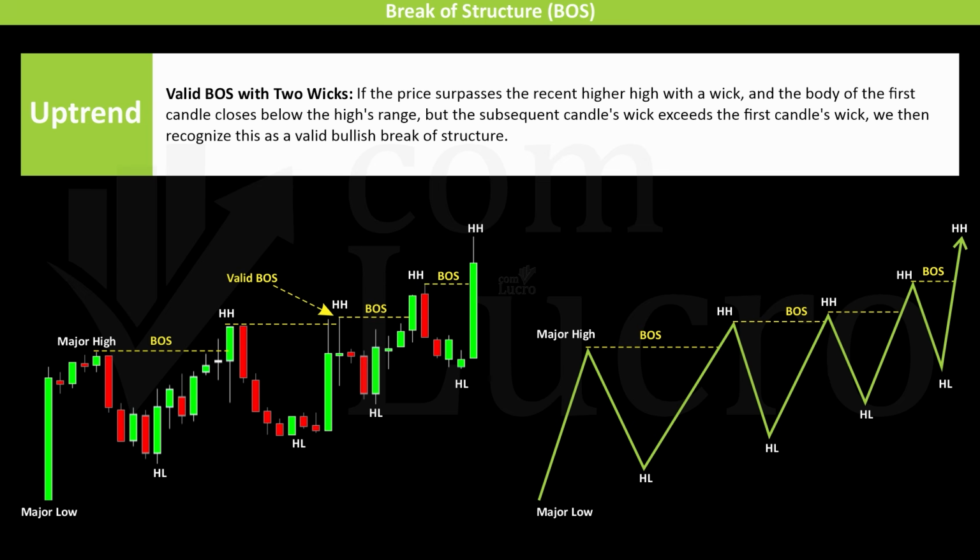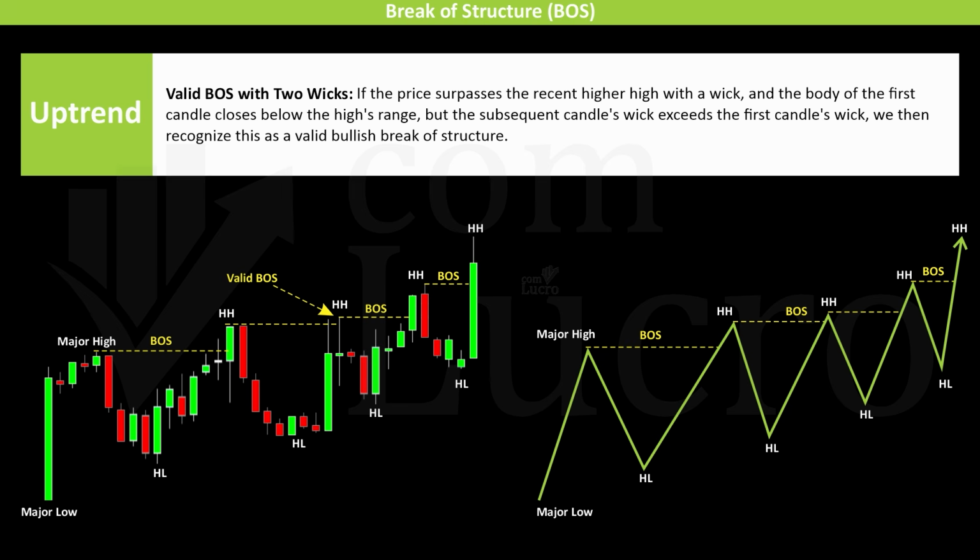Now let's consider a different scenario. If the price surpasses the recent higher high with a wick, and the body of the first candle closes below the high's range, but the subsequent candle's wick exceeds the first candle's wick, we then recognize this as a valid bullish break of structure. Here, a new major high and a new major low are established, outlining our updated trading range.